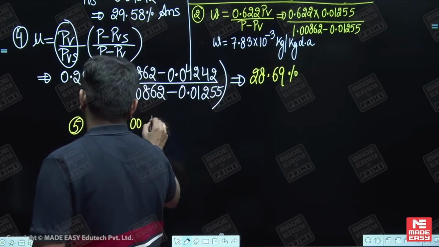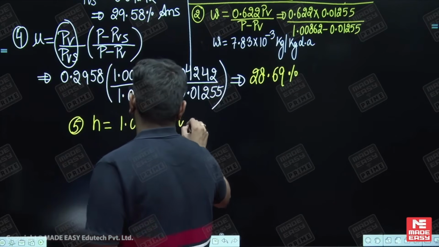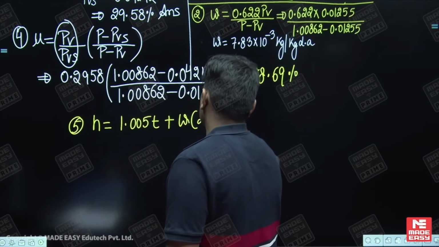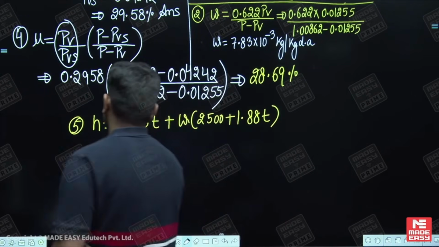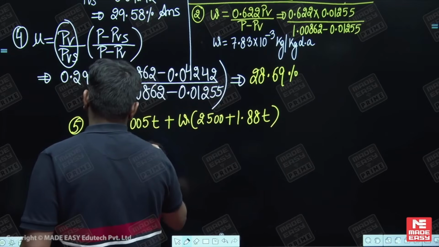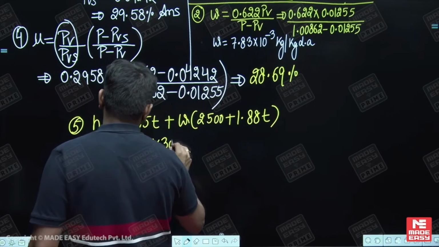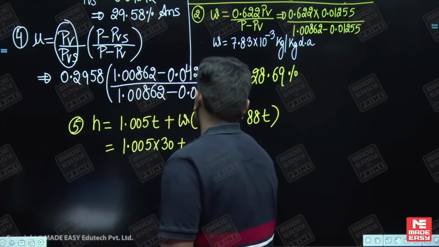So 1.005 T plus omega times (2500 plus 1.88 T). T is the dry bulb temperature and you have to take it in degrees Celsius.